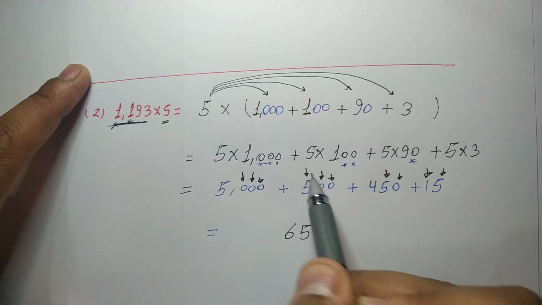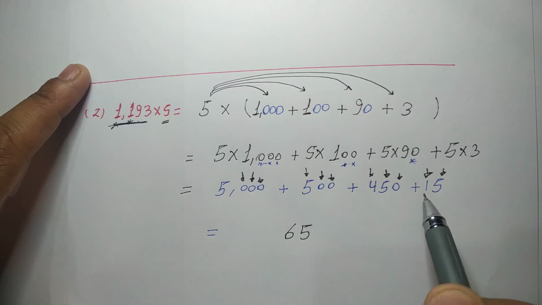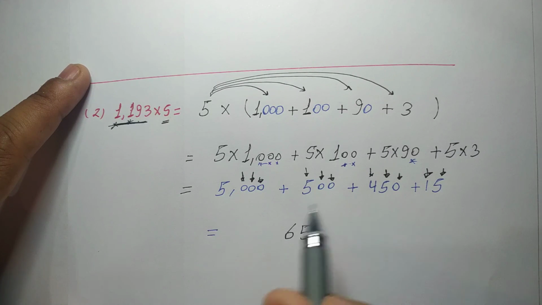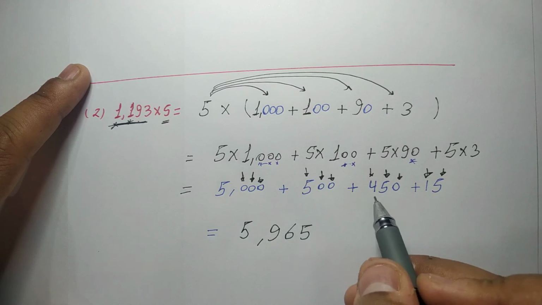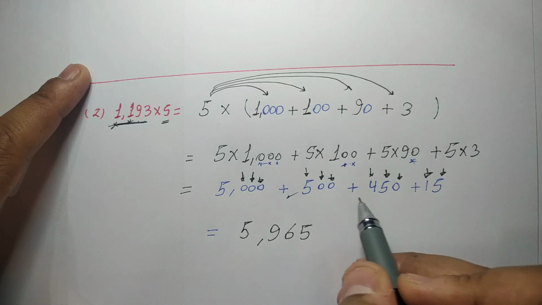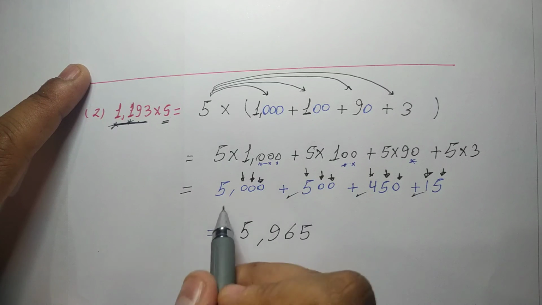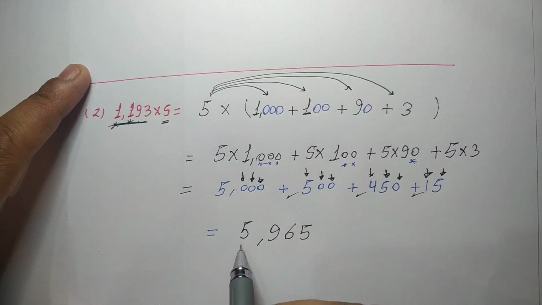Hundreds with hundreds, there is no hundred here. 0 plus 5 plus 4, it will be 9. And thousands, there is no thousand here, so it will be 5965.